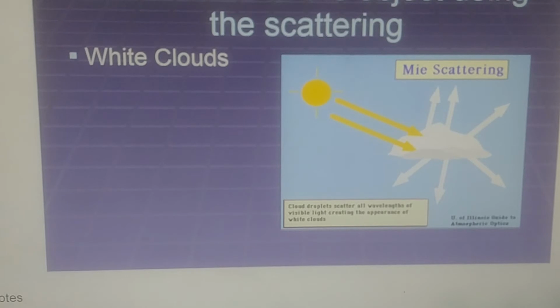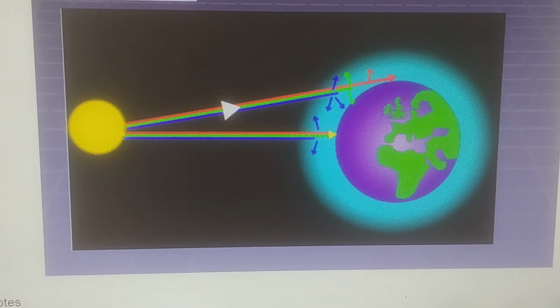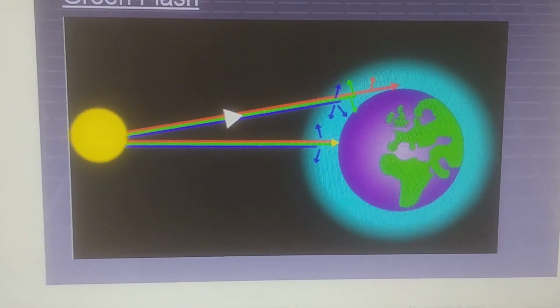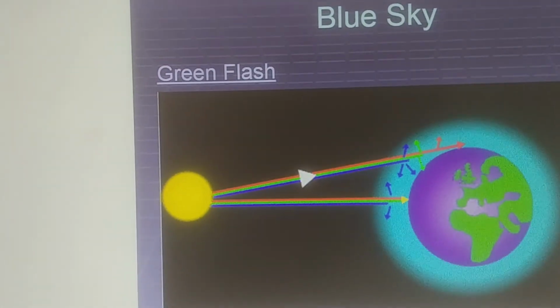They bounce around inside there, all over the place, and then they come out and you see them. Now, what happens if there's no clouds? Well, then you get this situation where there's a difference in the size of the wavelengths, as we said.